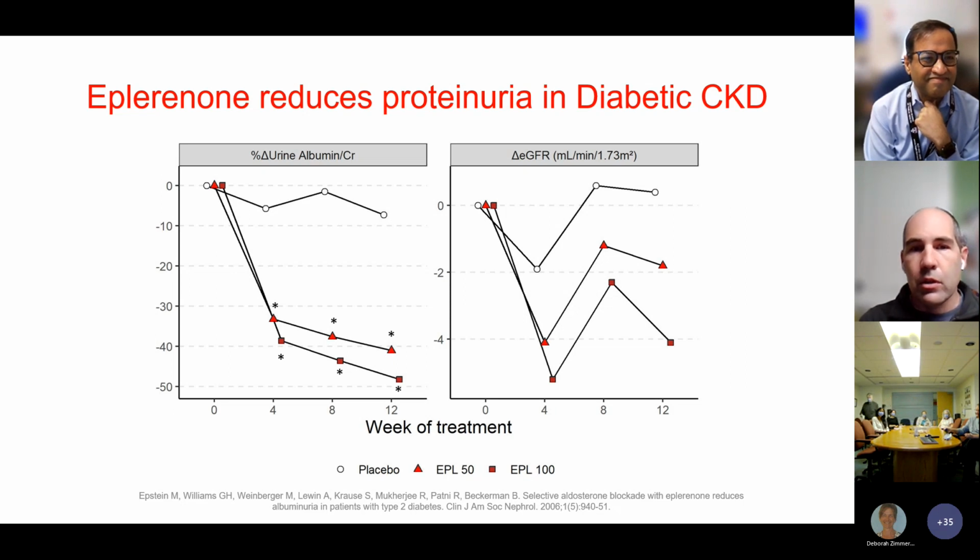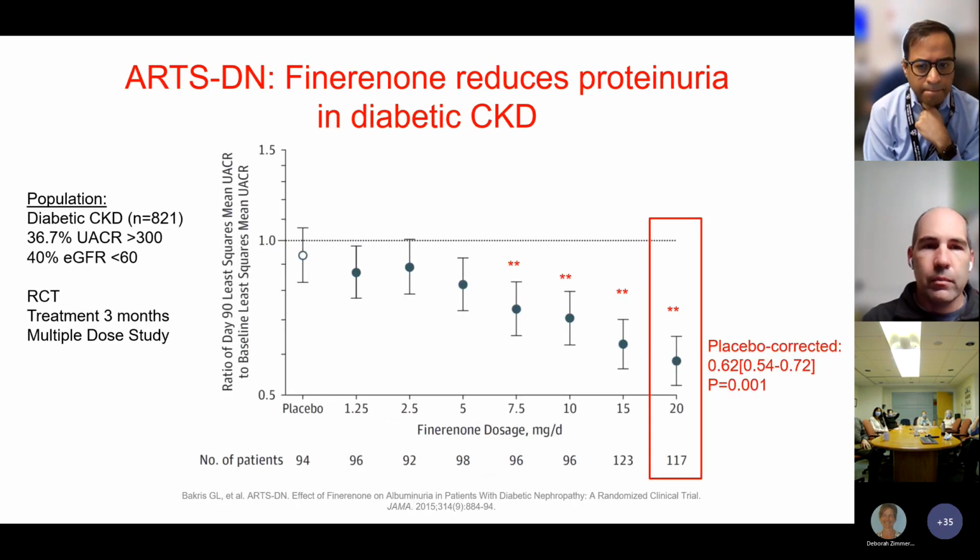So GFR similarly declines, just like we saw previously. There's no error bars here because the original publication didn't have that, so I couldn't put that on there, and I can't comment on how much deviation there is. But with eplerenone, same thing we saw with spironolactone. It decreases GFR acutely.